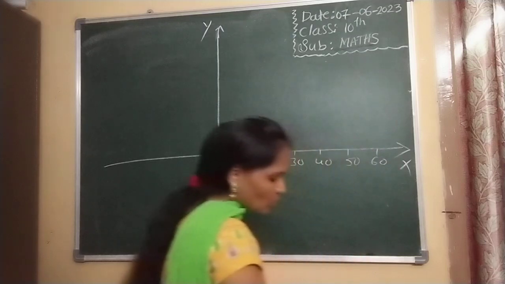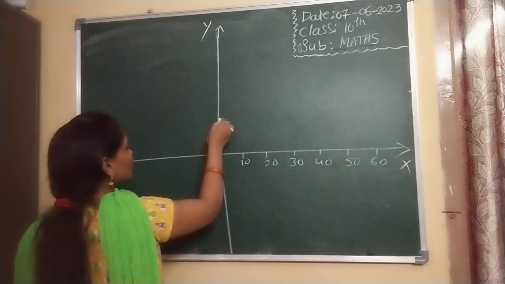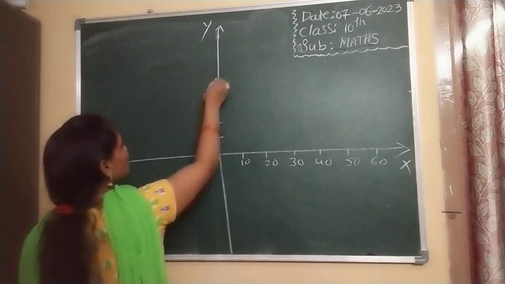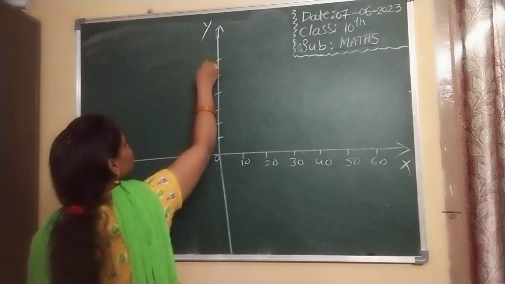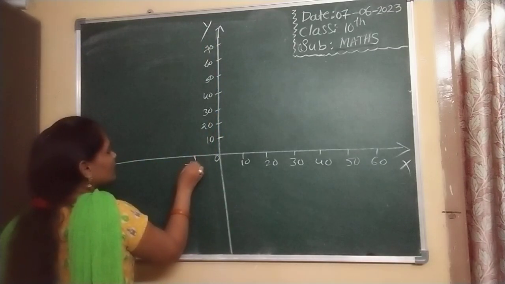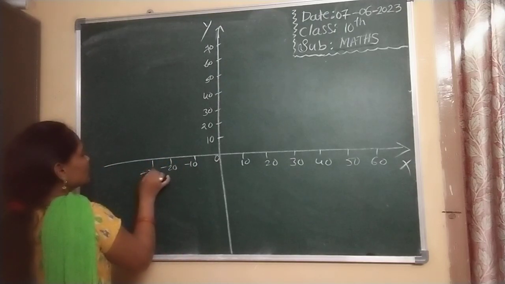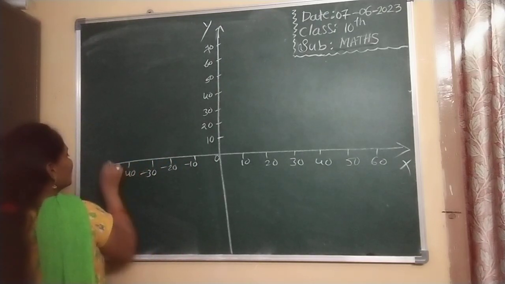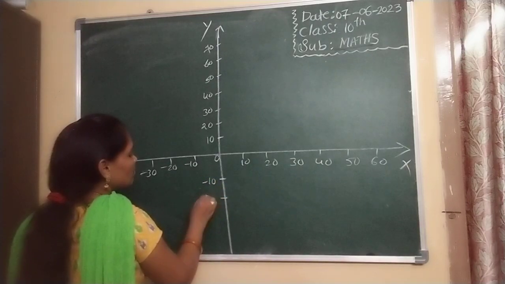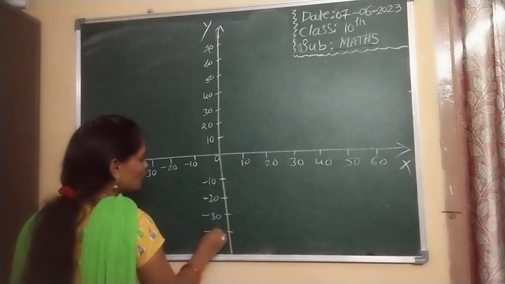Y values also not more than 60. So 10, 20, 30, 40, 50, 60, 70. Here minus 10, minus 20, minus 30, minus 40, and now minus 10, minus 20, minus 30, minus 40.